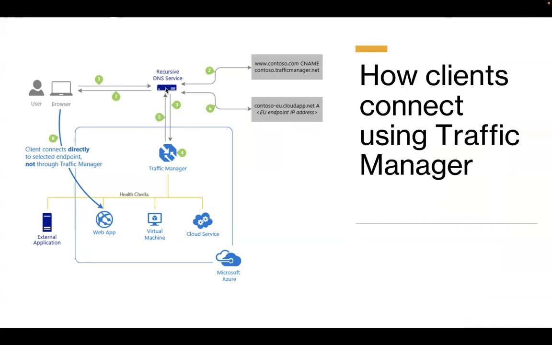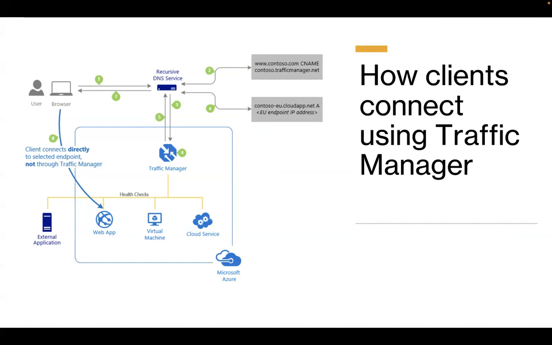In the DNS server, he finds a record: Contoso.com has a CNAME, contoso.trafficmanager.net. So whatever requests are coming to Contoso.com, this canonical name, contoso.trafficmanager.net, the request should be forwarded to this. So once it is resolved at the DNS service, it is going to Traffic Manager.